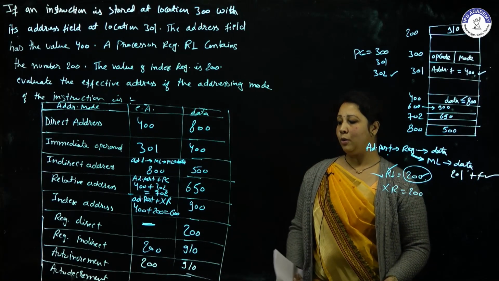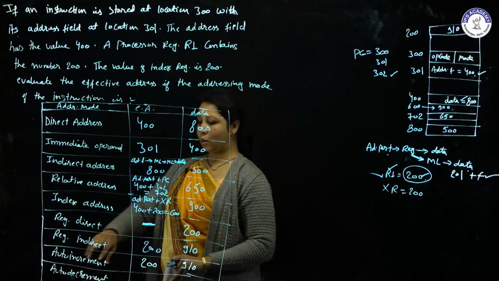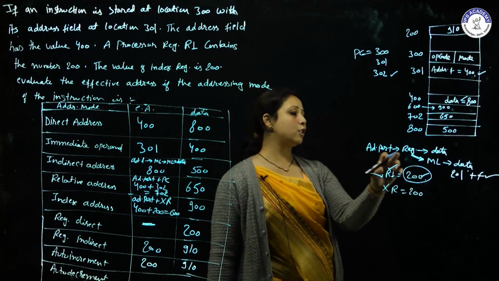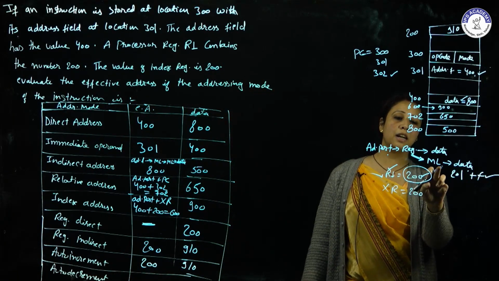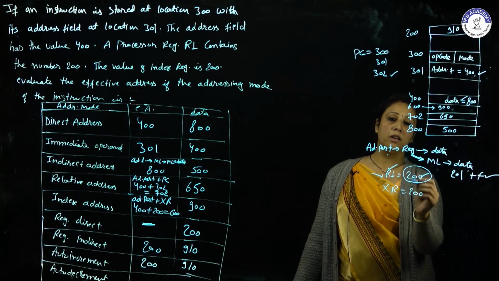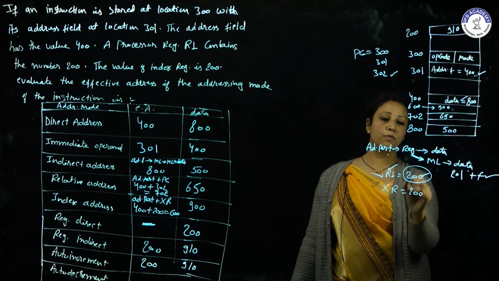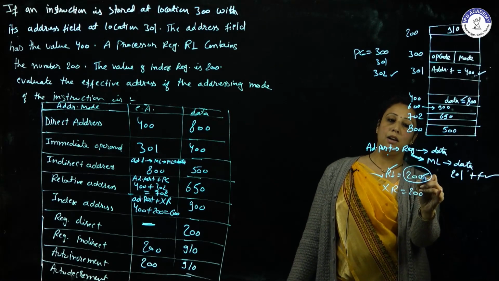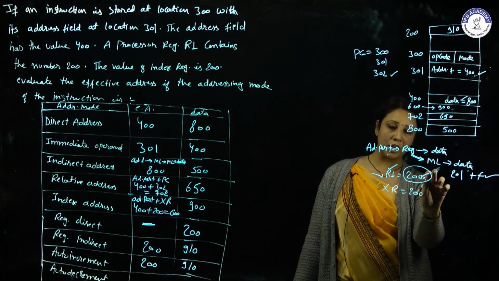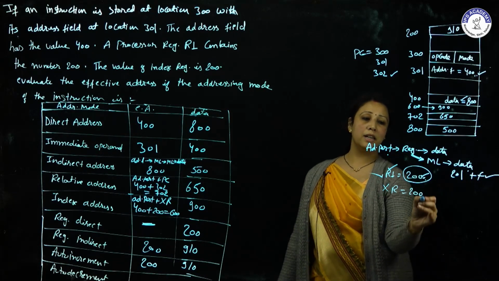Now the next is auto decrement mode. Auto decrement mode covers the register indirect mode, that is, the address part contains the address of a register. This register contains the address of a memory location and the memory location gives us the data. So here the address part is 400. 400 is the address of the register, that is R1. 200 is a memory location and this memory location contains the data.